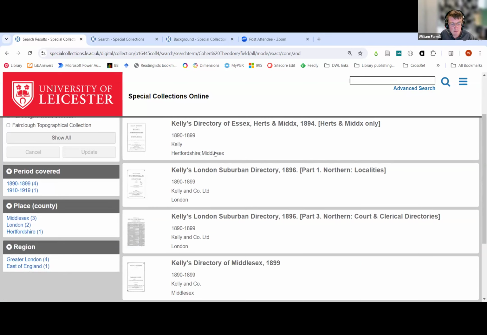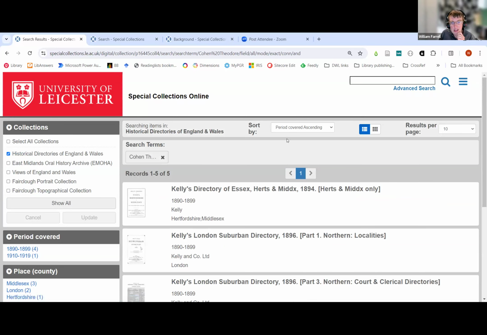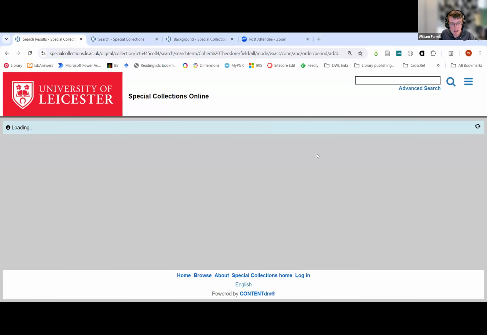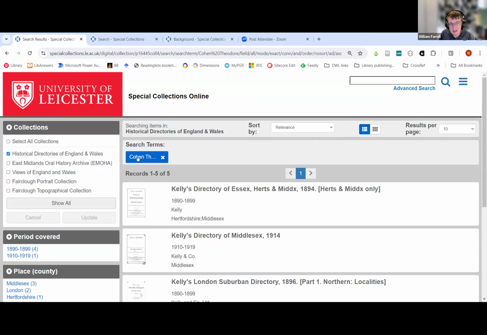So we get 5 directories where this name appears, or should appear. You can resort. The default is supposed to be period covered ascending, so the oldest first. You can resort to the more recent one first. You can resort to relevance, which should be the more exact or precise version of your keywords.